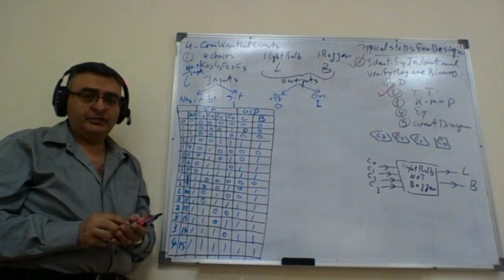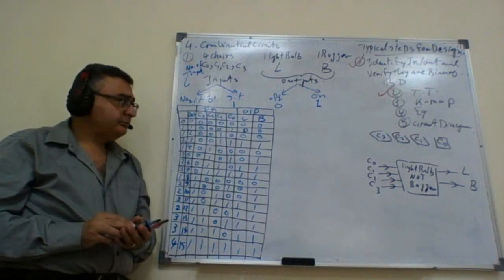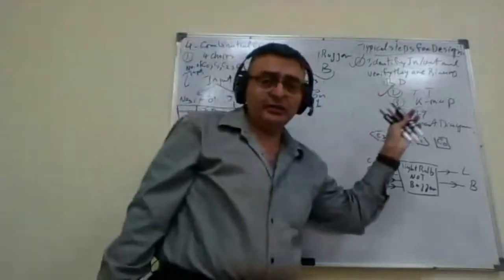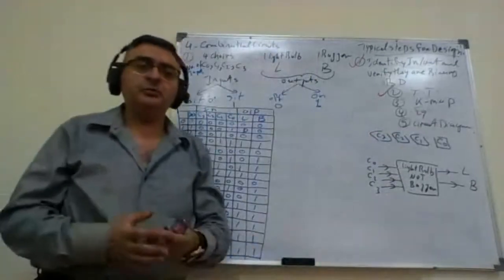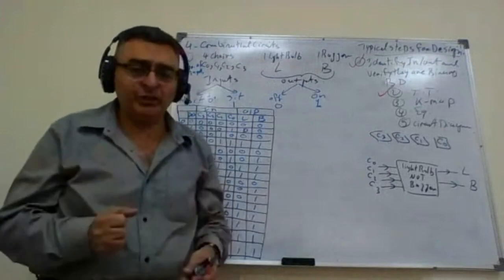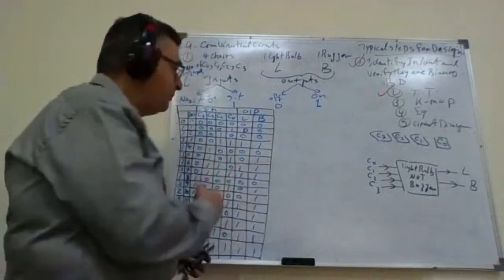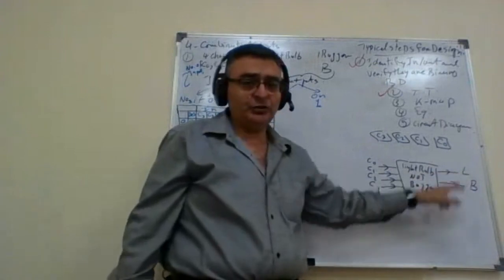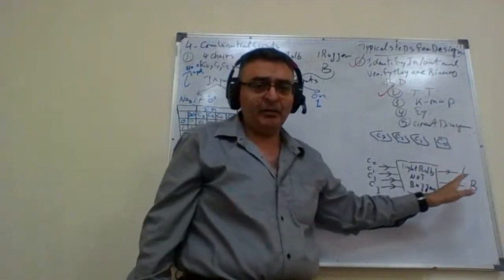Great, makes sense? Now the next step is, in order to design this, I need a map. To simplify, I need the minimum equation for my problem. The problem has how many outputs? 2 outputs. So how many K-maps do I have?